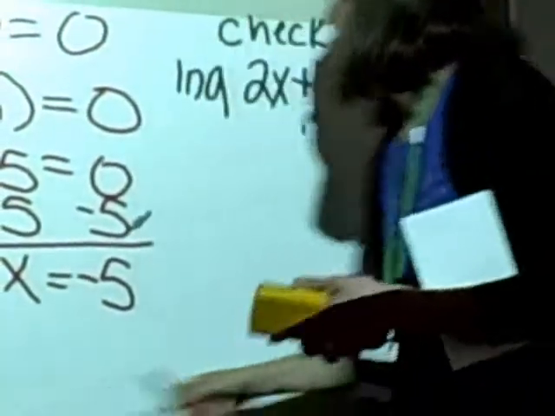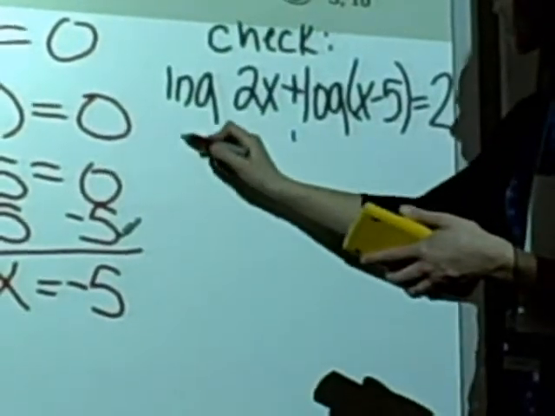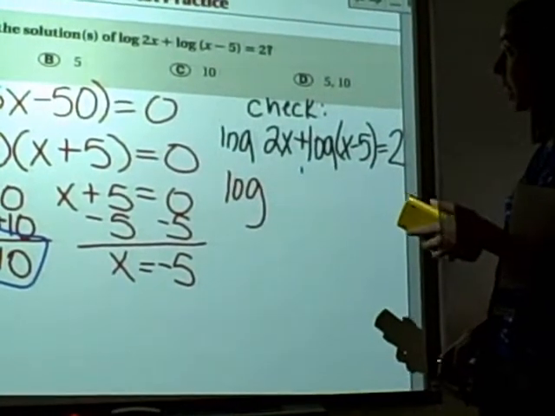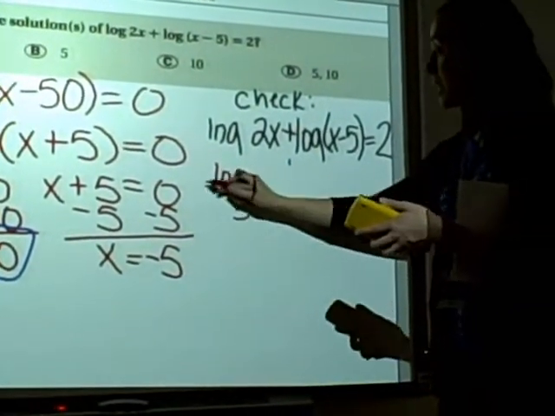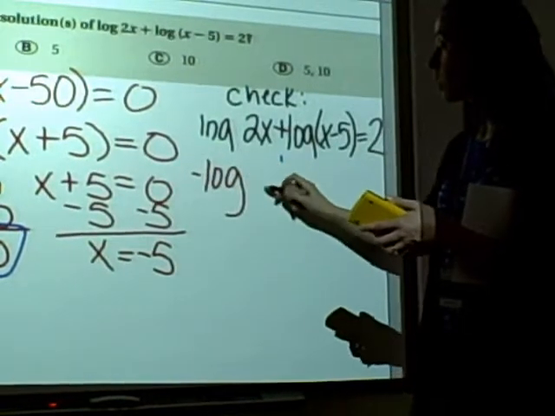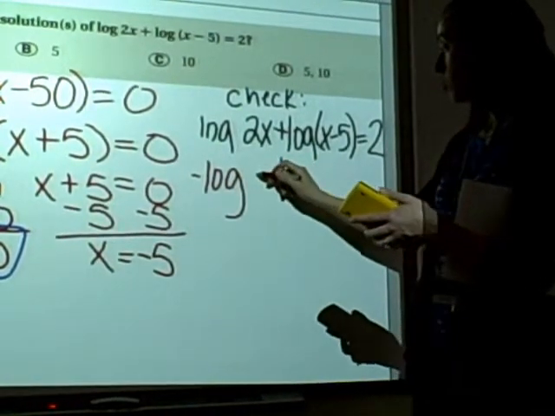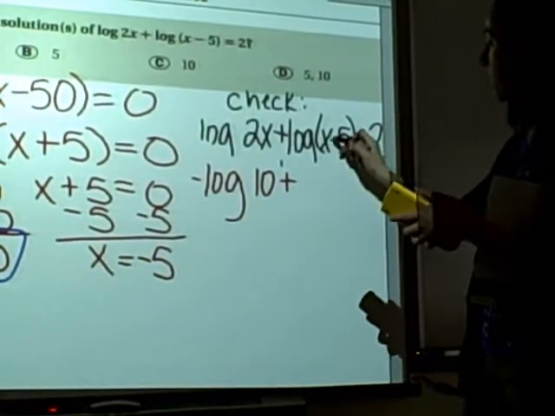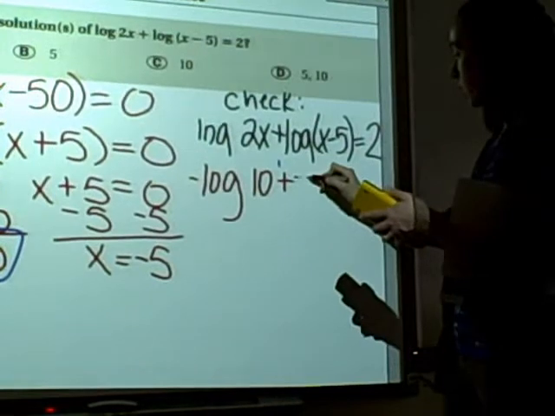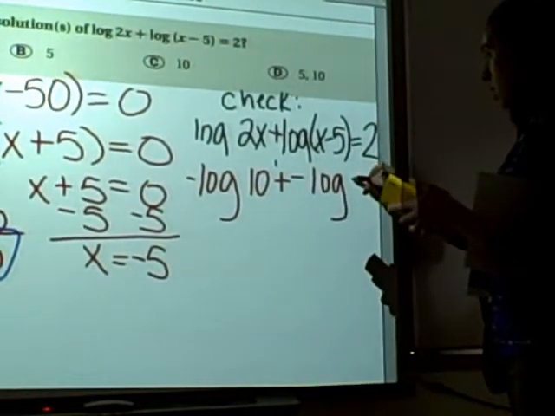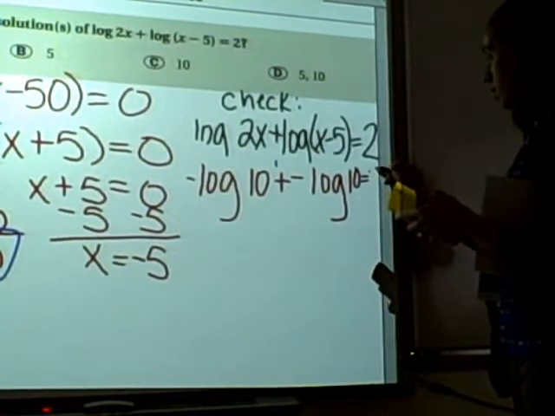Okay, so we're going to put in negative 5. So here we get log negative 5 times 2 gives me negative 10 there. That negative is going to go in front of your log there. So we get negative 10 plus negative 5 minus 5 is another log of 10 there.